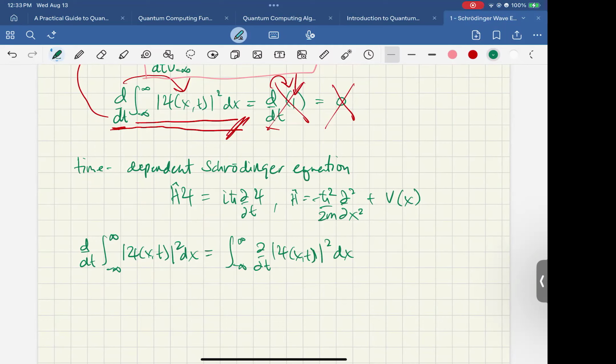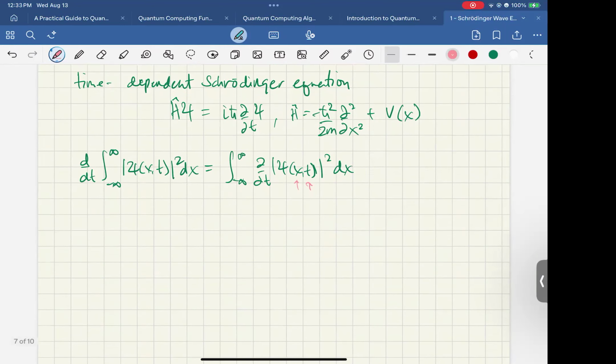And naintindihan nyo na kung bakit siya naging partial derivative, kasi yung psi dito is both a function of position and time.